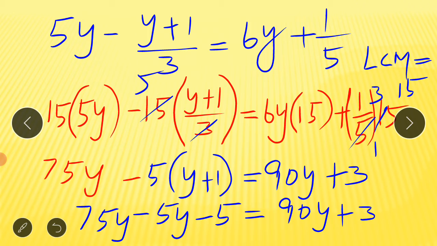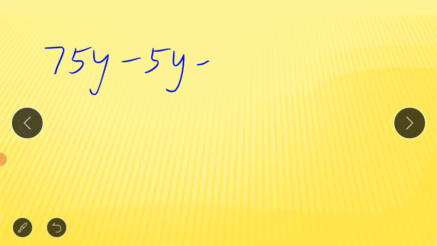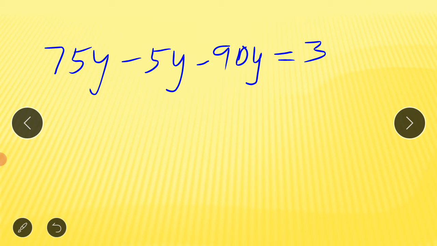We keep the variable terms on one side, constant terms on the other side. So the variable terms are 75y minus 5y, and from the right hand side the plus 90y is becoming minus 90y, equal to, the constant term already on the right hand side is plus 3, so no changes, and the minus 5 from the left hand side becomes plus 5 on the right hand side.